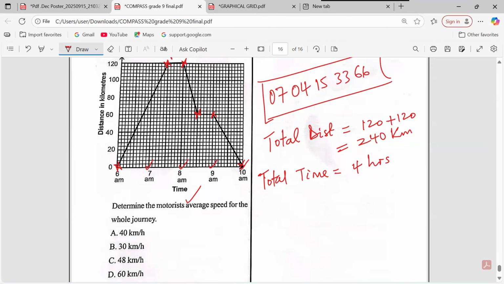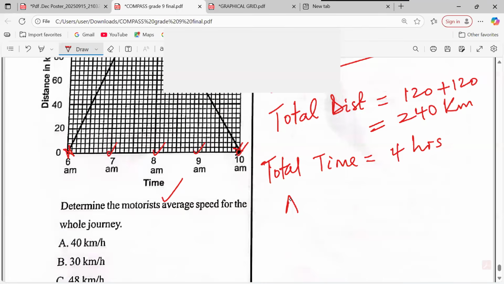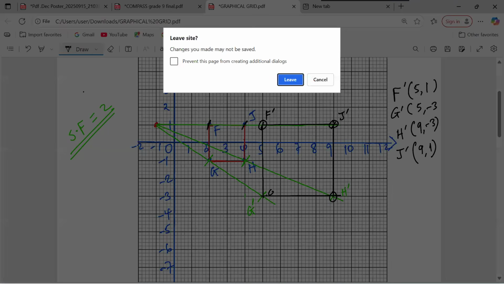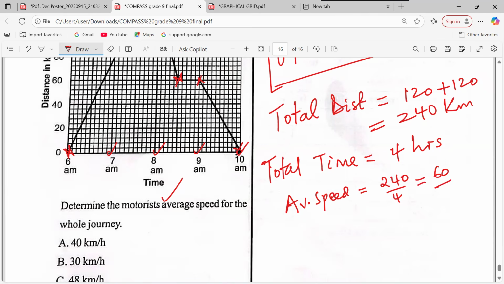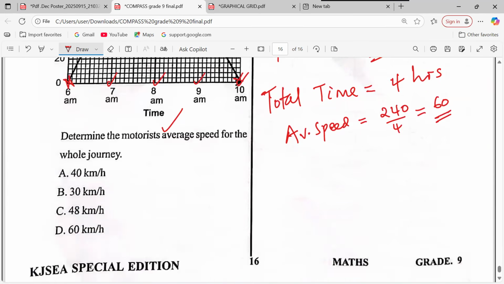So average speed shall be 240 over 4, giving us 60 kilometers per hour, making the appropriate choice.